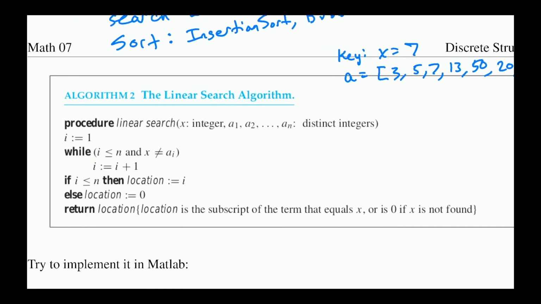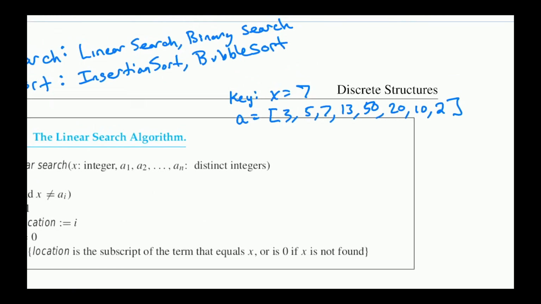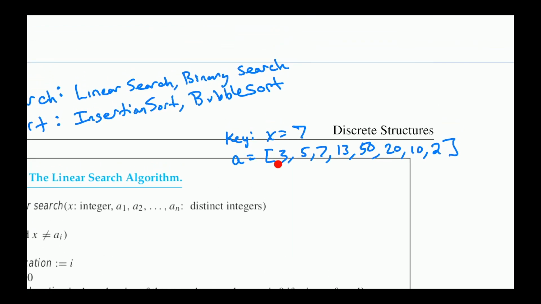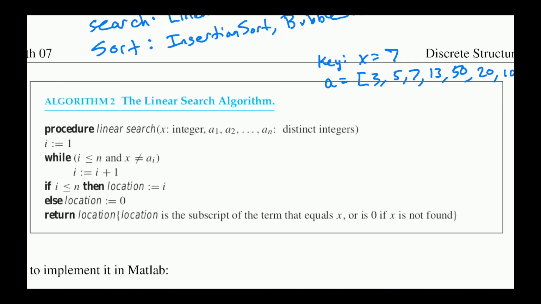And what linear search is supposed to do is look through the vector A, so 3, 5, 7, 13, 50, 20, 10, 2, and try to find a 7 in there. What it's going to return, if you look, returns location.